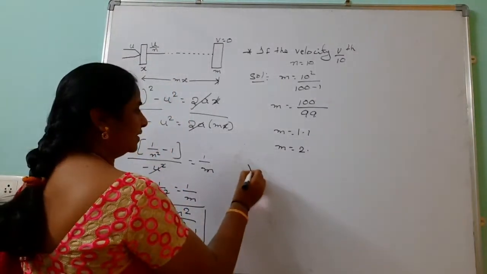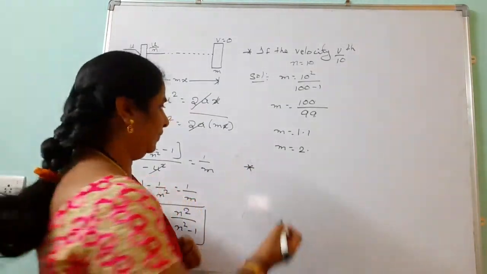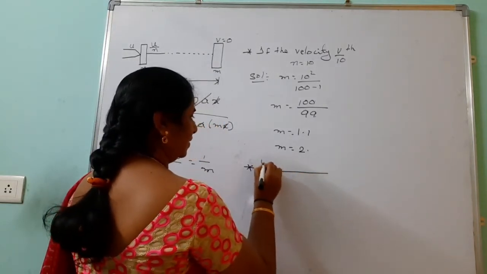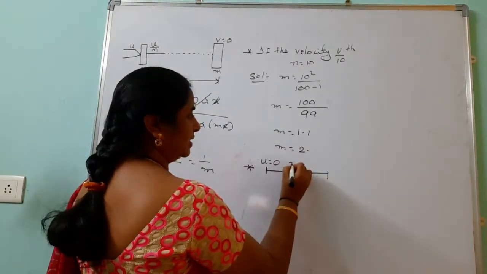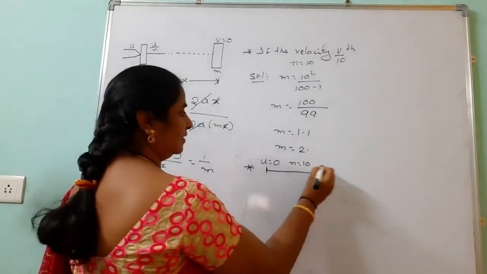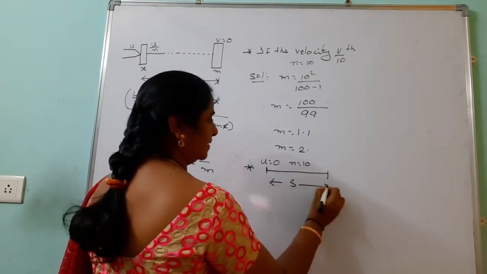Like that, we are going to discuss one more problem. Here the body is starting from rest, so initial velocity equals 0. After 10 seconds, the distance covered is S. From here to here, the distance is Sn.